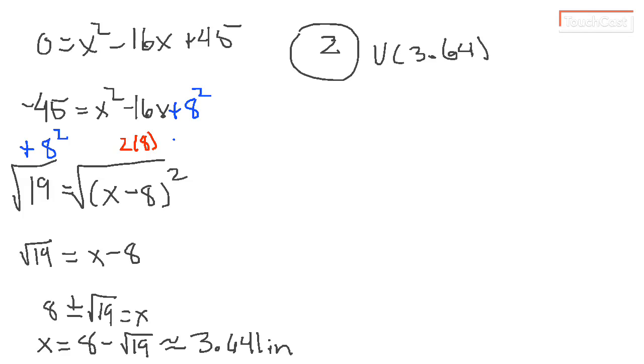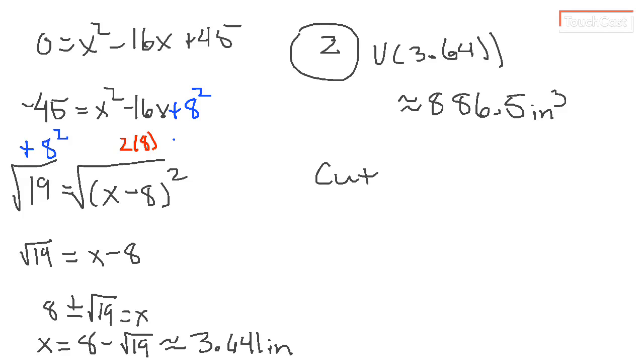And if you want to get real accurate with it, put into your calculator 8 minus the square root of 19. I'm not going to write it all out, but what you're going to find is that the volume is going to come out to be about 886.5 cubic inches.